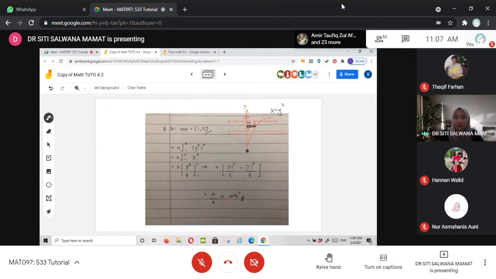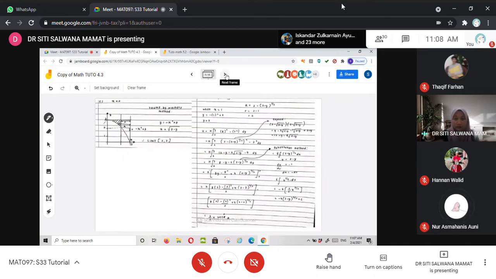So the right boundary minus left: y squared minus 0, then you got y squared. So yang ni dy lah. So kita integrate with respect to y. Boleh ke? Boleh tak yang ni? Number B. So this is B lah. So lastly, question number C.